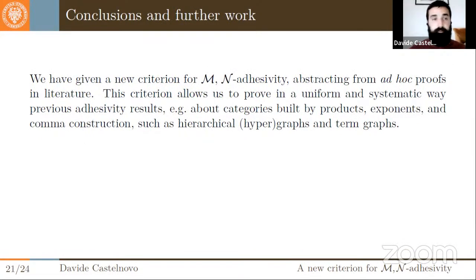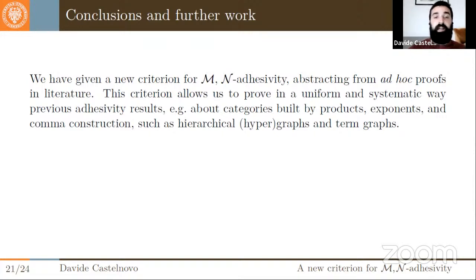And so to wrap up, we have given a new criterion for M N-adhesivity. This criterion is simply an abstraction from some ad hoc proofs that can be found in the literature, all the proofs that are based on the fact that you can compute limits and colimits in a nice category, and then you can pull back this computation in your static category.